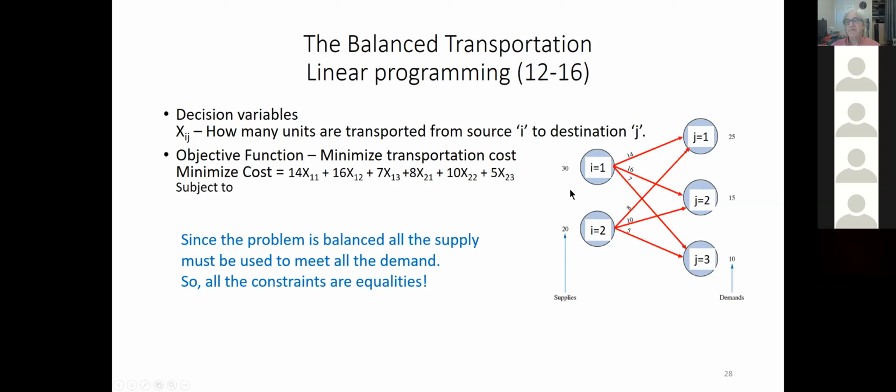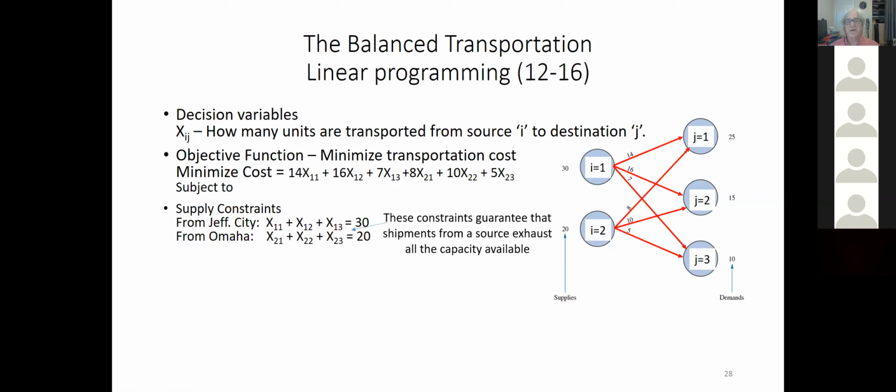If you don't ship 50 out, you will not receive 50 in. So what it says here is that all the supply must be used and all the demand will be satisfied. Therefore, all the constraints upcoming will be equality constraints. Here's how.